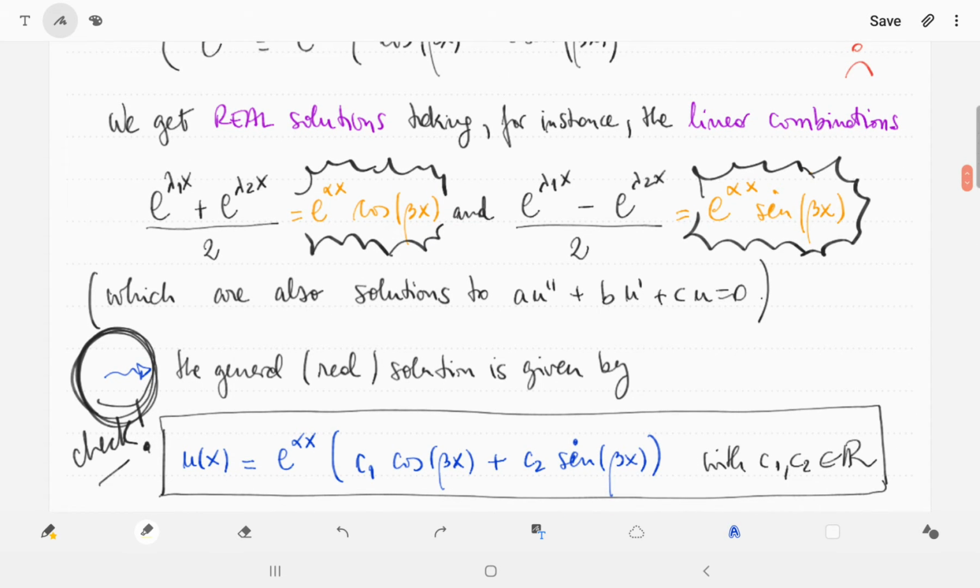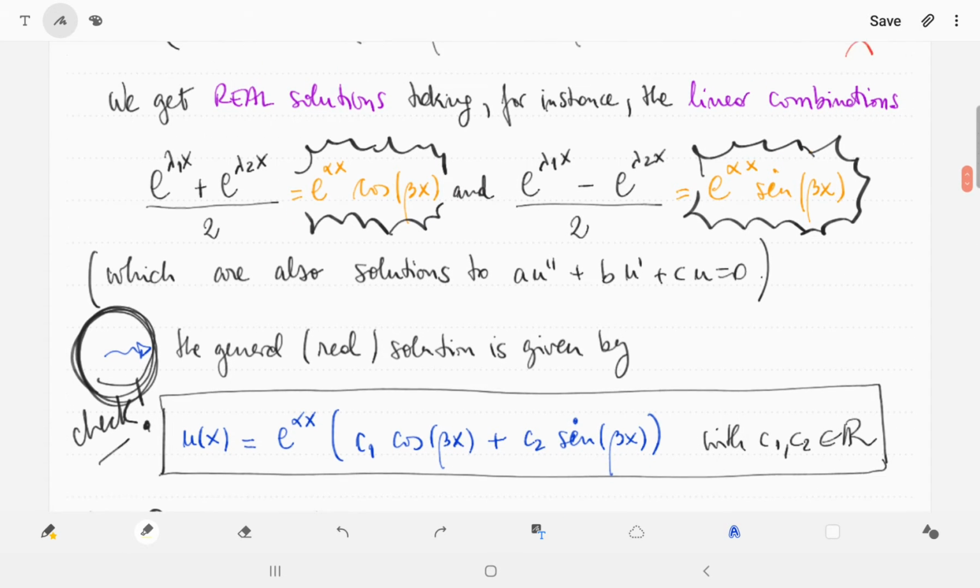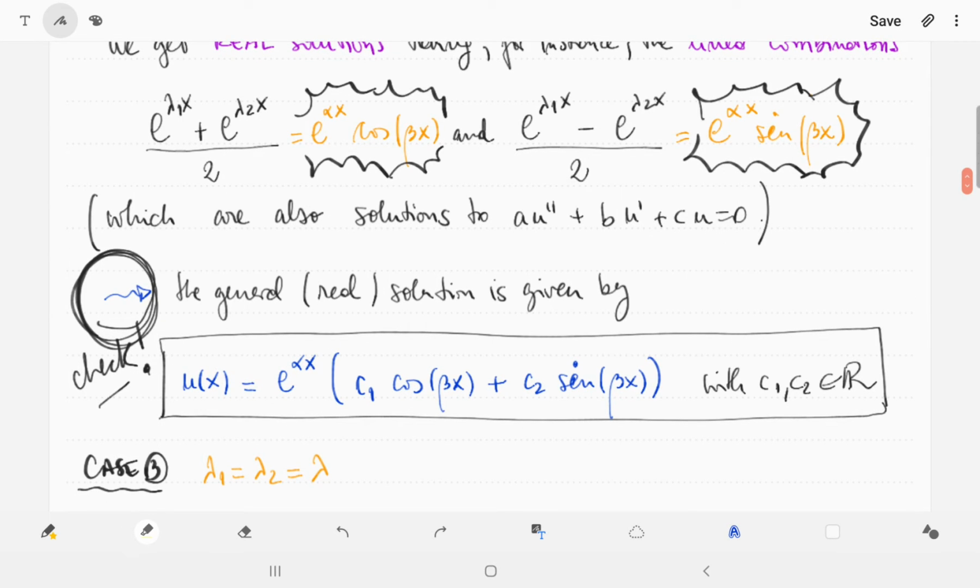Sorry, the general solution. So now the general real solution, in this case where we have two complex roots of the characteristic equation, is e^(alpha x) times any linear combination between the cosine of beta x and the sine of beta x.